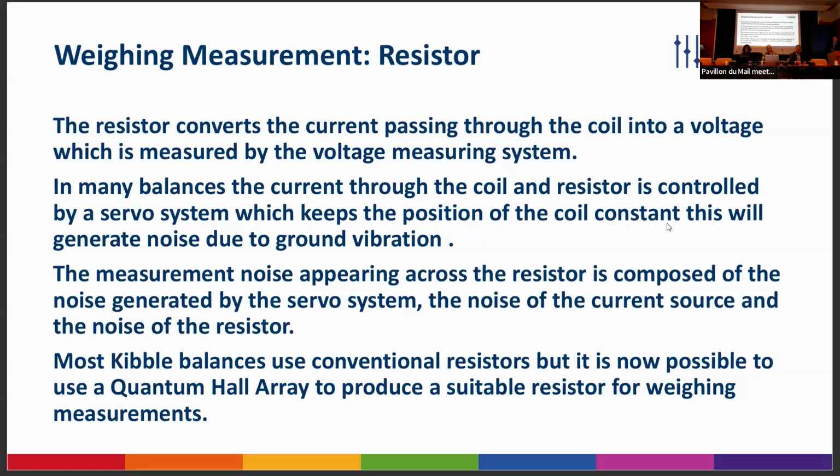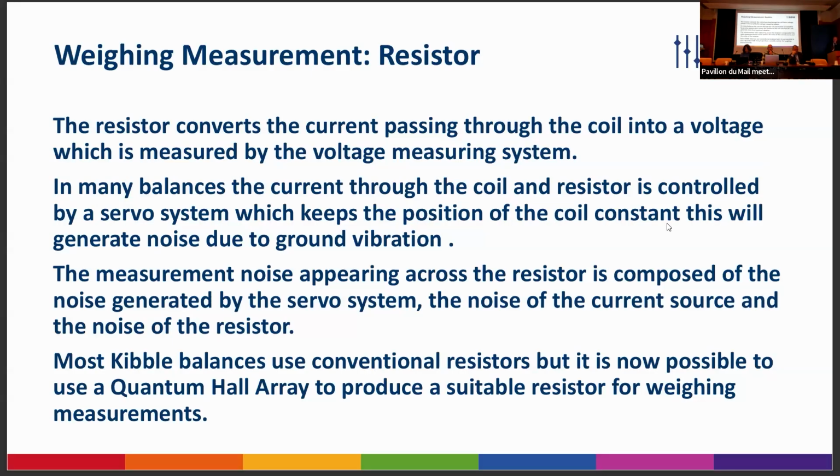And so, okay, we need a resistor to convert the current into a voltage. So effectively, the noise appearing across that resistor is mostly generated by the servo system, a little bit by the noise of the current source, but you could try and keep that low, and the noise of the resistor, again, both of those should be quite low compared to the vibrational noise.